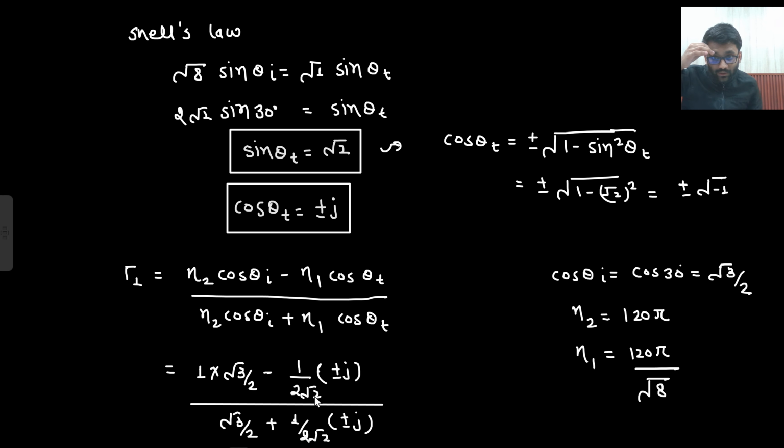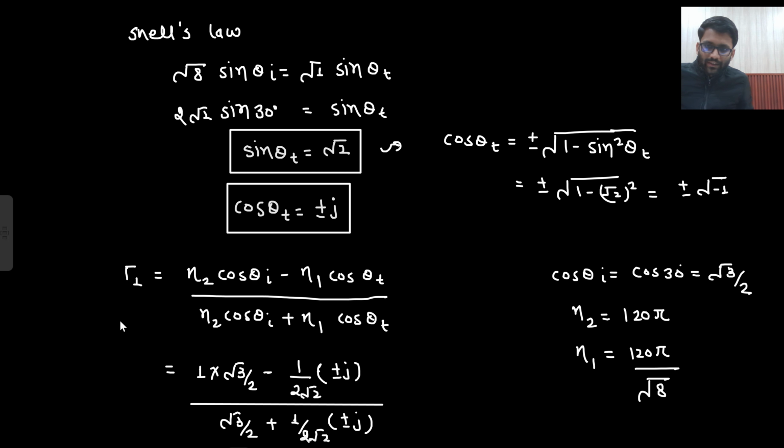So this 2 and 2 are also getting cancelled. And from here what I can get is that some mistake I am doing here. Cos theta i. Eta 2 is 1 by under root 8. Wait a second. Yeah, so I checked the calculation. Calculation is going fine only.